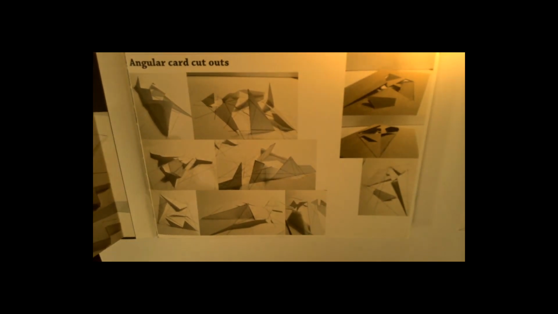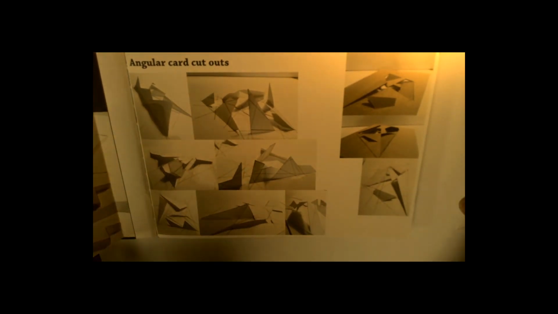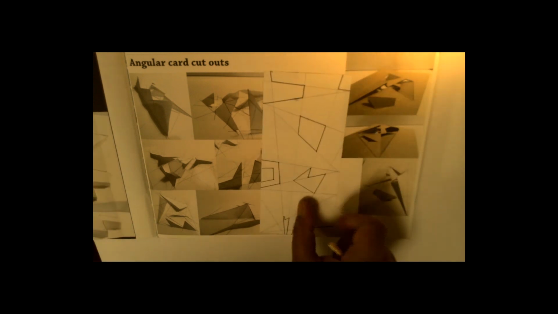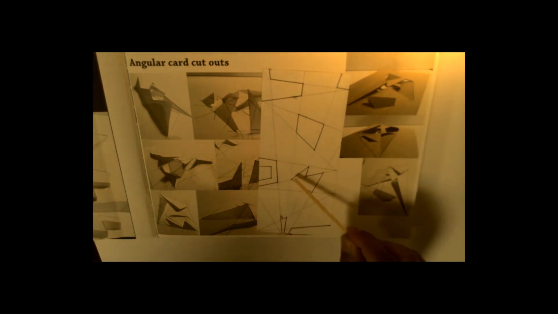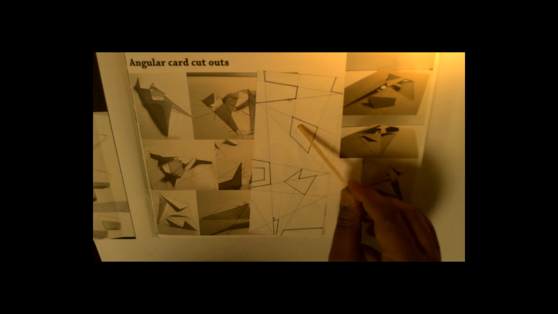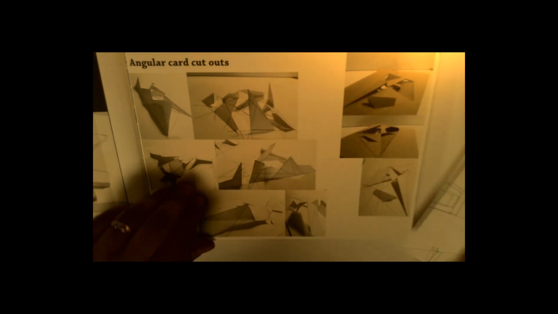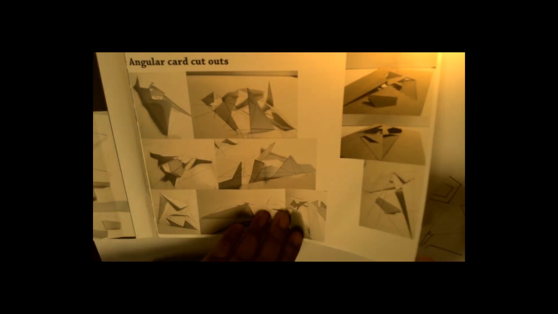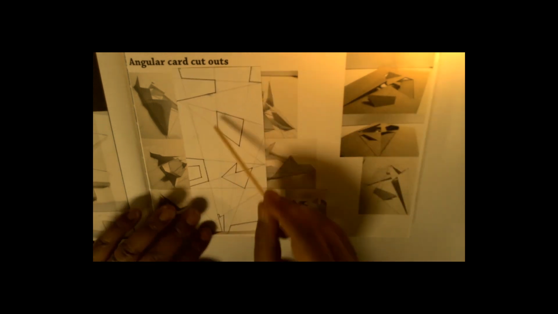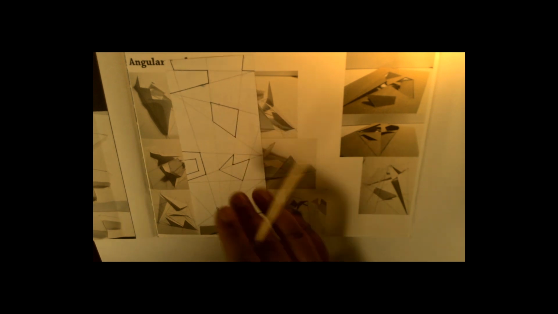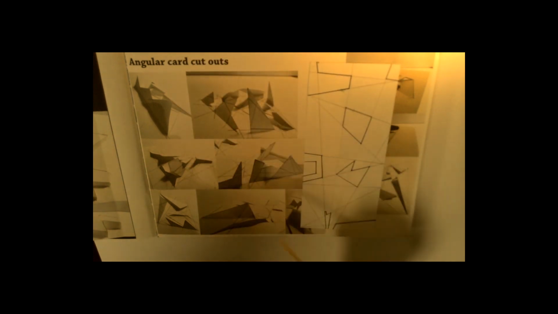Another option is to actually cut out the physical shapes. So cut out these physical shapes here and call them angular cutouts. The idea is you could cut out the positive and negative space in terms of the cutouts, and you'll get these sort of shapes here.